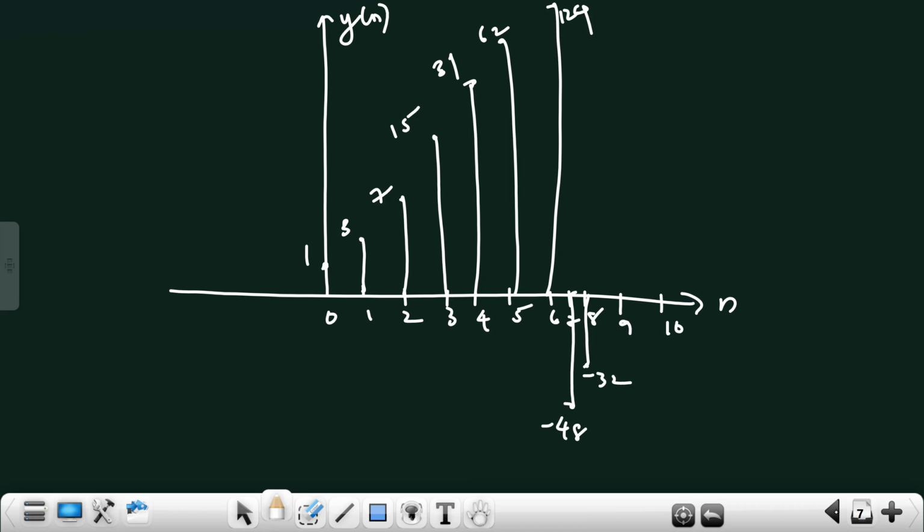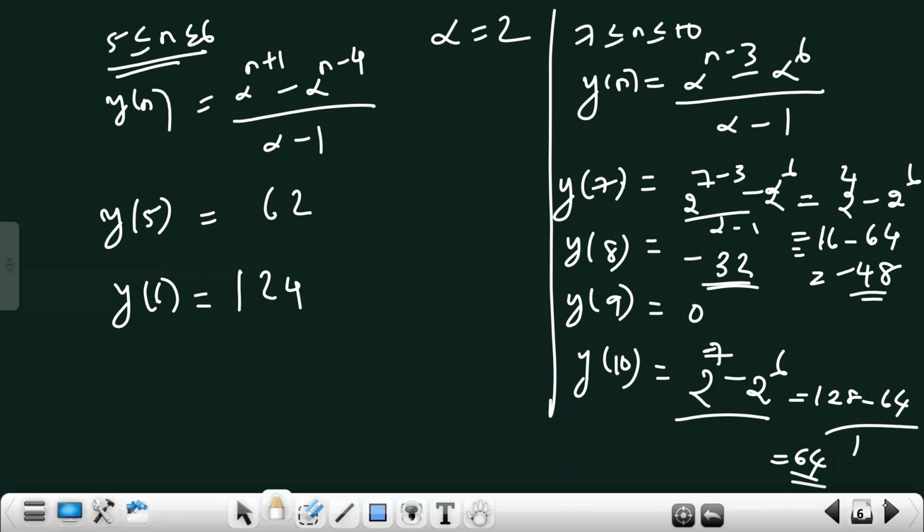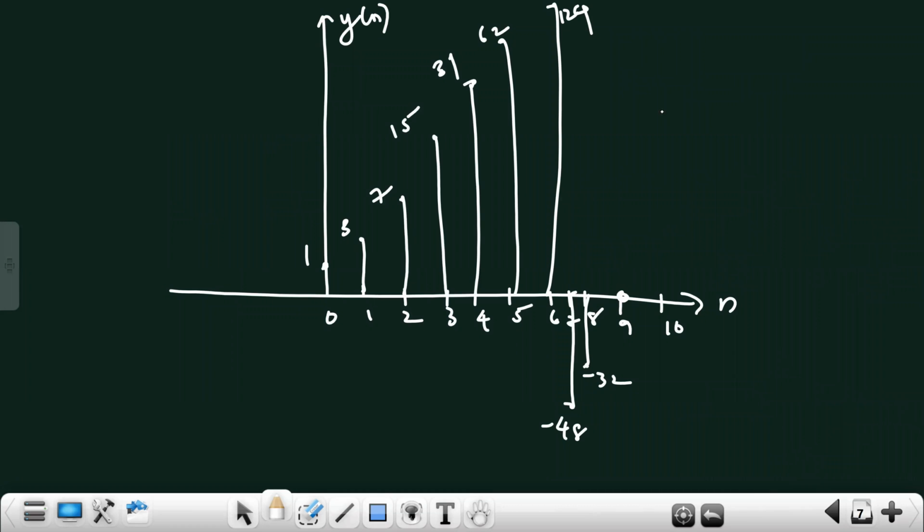Y of 9 is 0, so it will be on the x-axis itself. And last, y of 10 is again 64. So this is your final output graph.